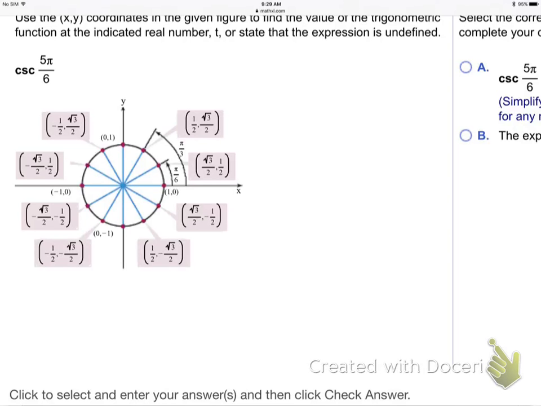All right, so cosecant 5 pi over 6, try that one. So again, convert to degrees, unless you're super comfortable already in radians.